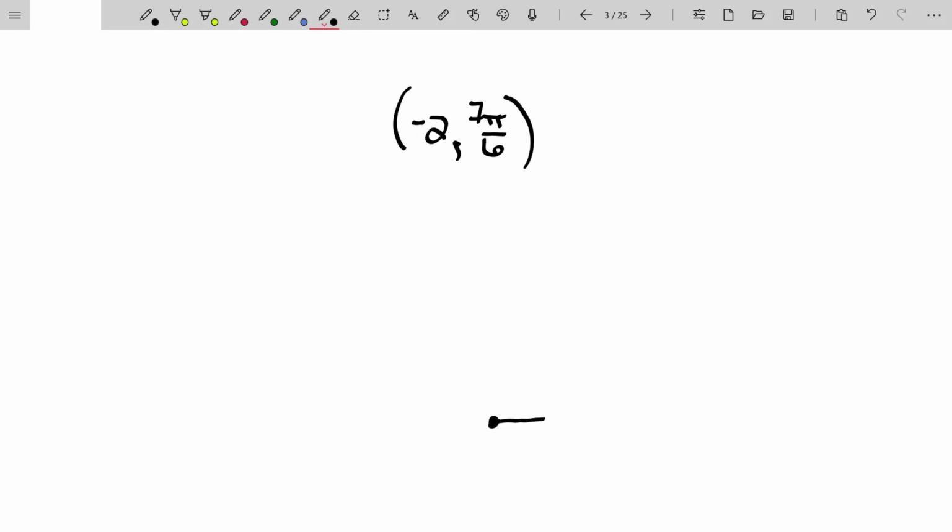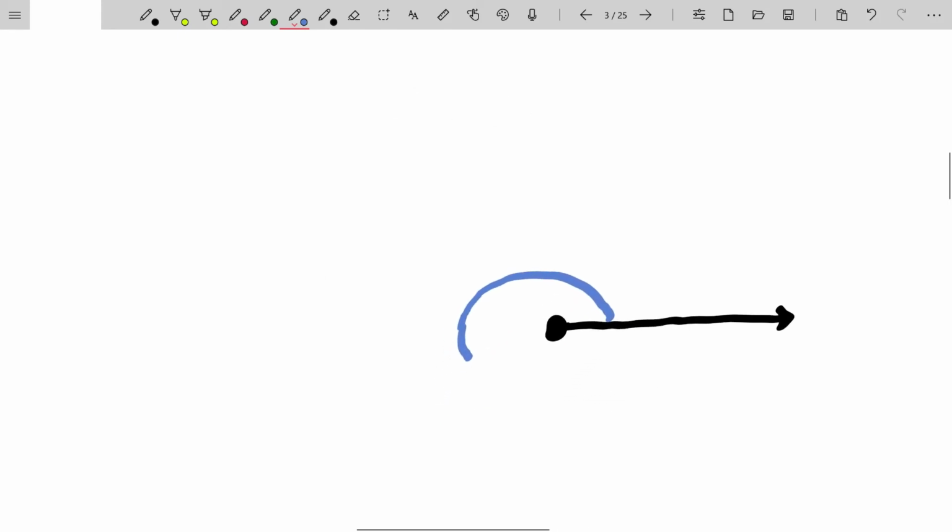I would also go ahead and draw the polar axis. Then I would probably, for me in a different color, turn through an angle of 7 pi over 6. That's 6 pi over 6. And 7 pi over 6 means you're facing technically this direction. Well, maybe that's a little too far, but it doesn't really matter. You're facing like this direction right here. That's about 7 pi over 6.